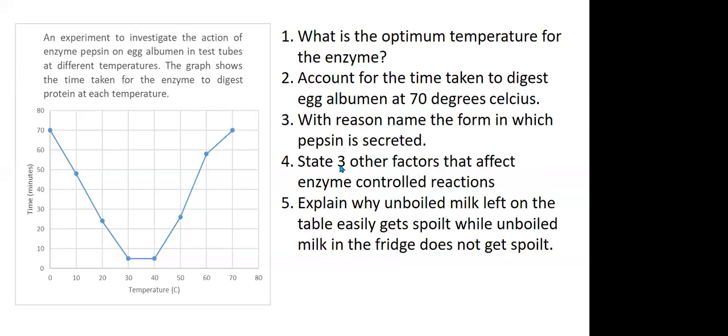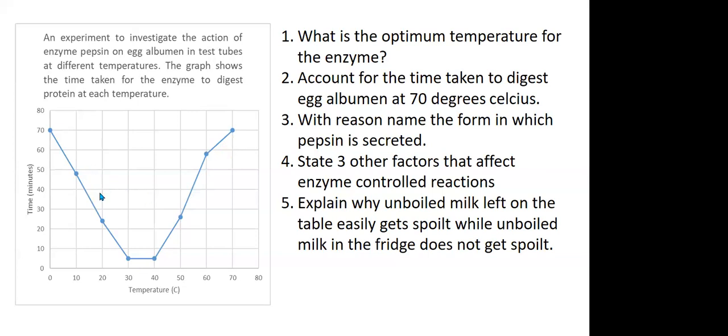I don't want to talk about them yet. So if there are other factors affecting enzyme activity, then they can cause the reaction to take longer to be completed. So here, the shortest time taken shows us the optimum temperature, and the longest time taken shows us the temperature that is unsuitable.